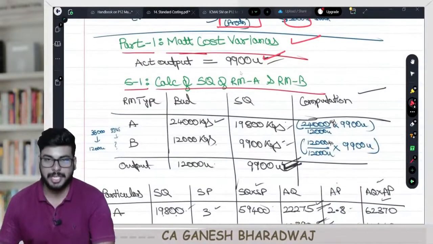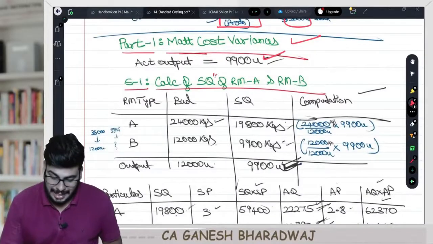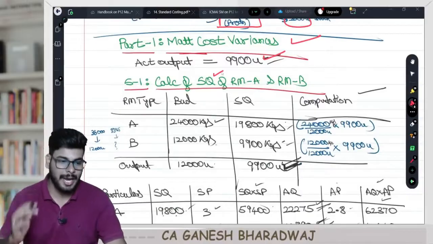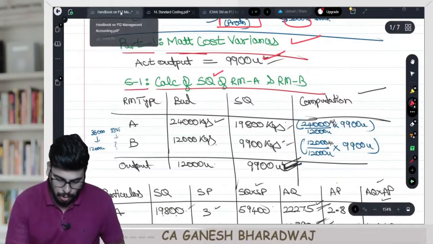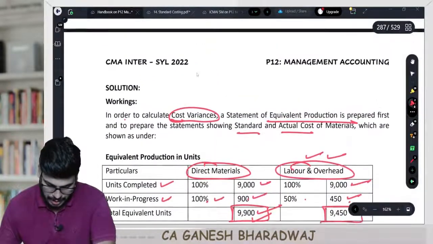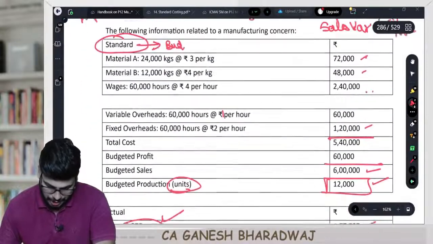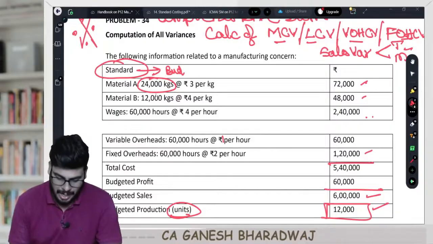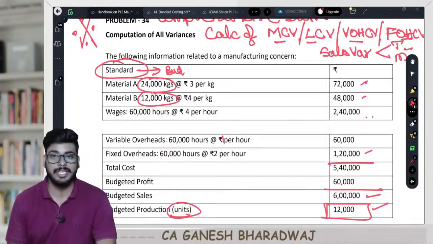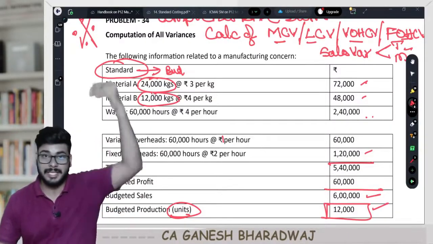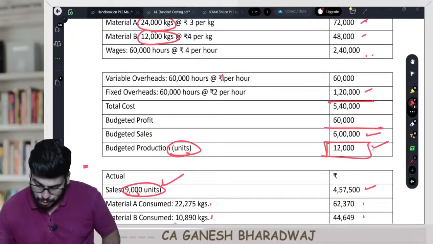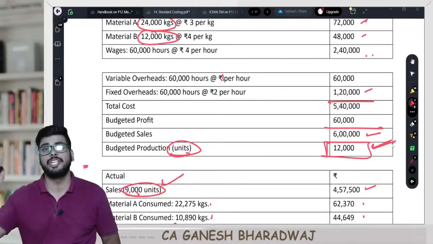So now what we need to do, we need to calculate the standard quantity of raw material A and B. Now, if you look at the question, what have they given in this question? They have mentioned that, look at this, 24,000 kgs of material A and 12,000 kgs of material B, right? This is there in the budgeted data, right? Should have been consumed to get an effective output of how much? 12,000 units.